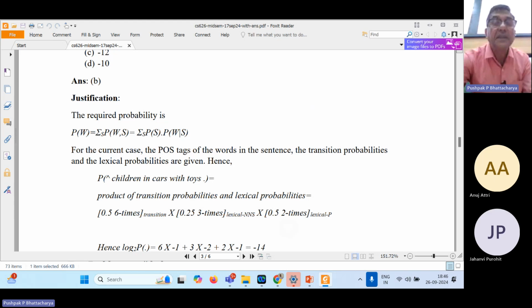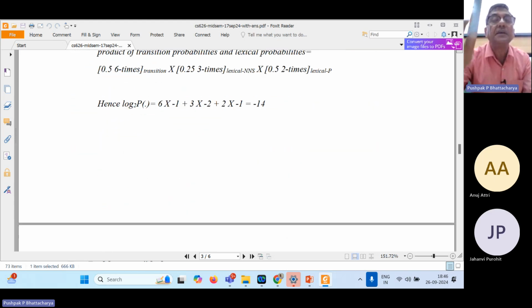So then the log 2 probability is what you have here. Log 2 p is 6 into -1 plus 3 into -2 plus 2 into -1, which is -14. So I think most of you got this. Quite a few got this correctly.